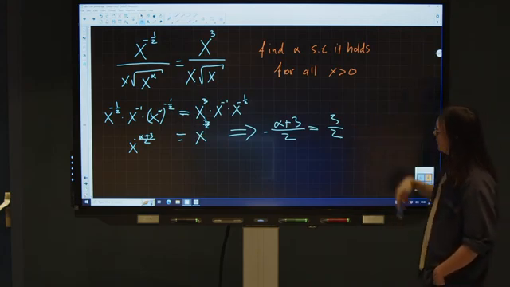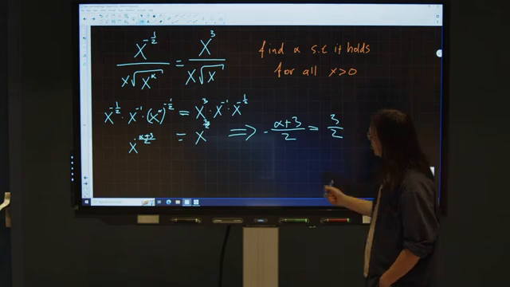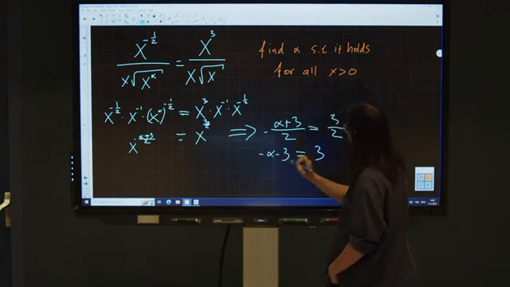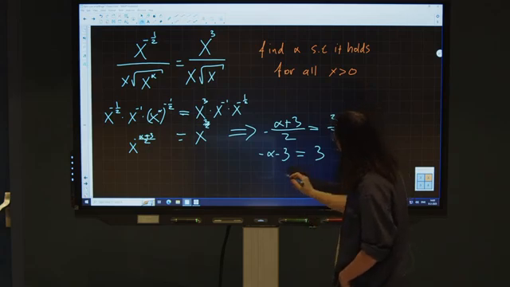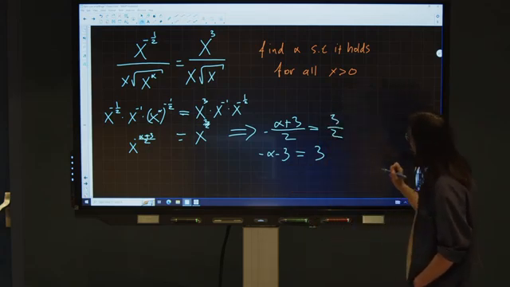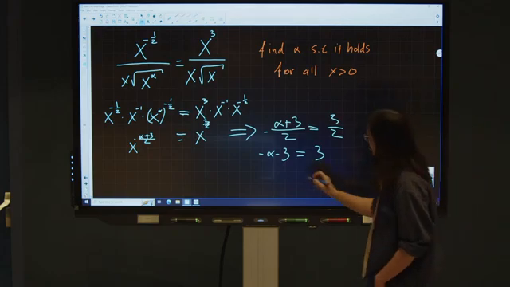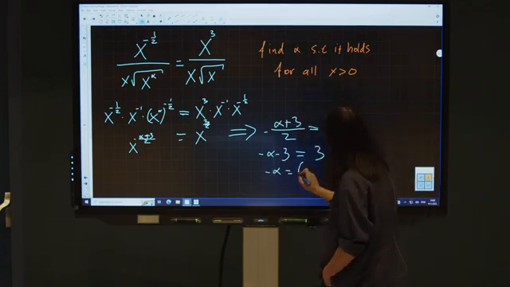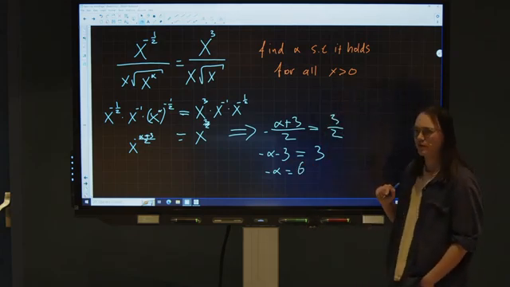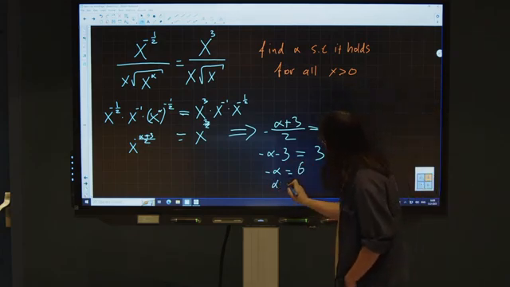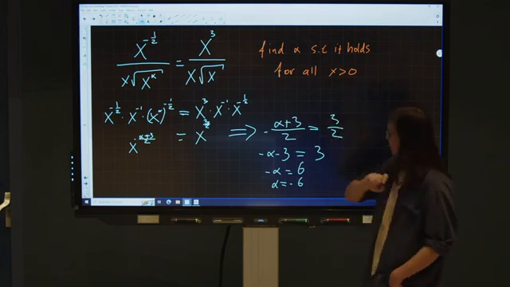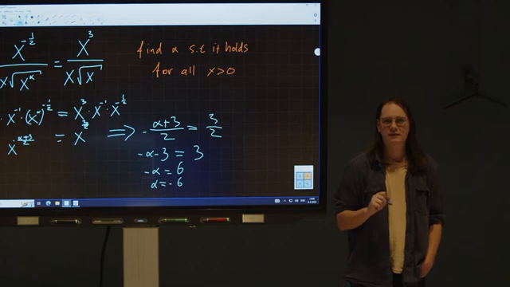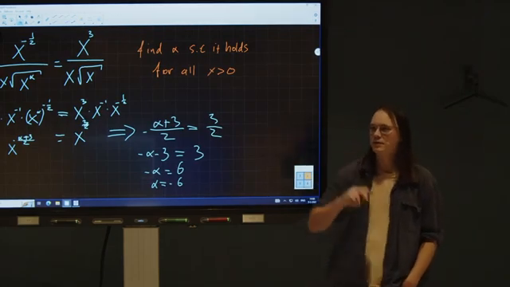So if we multiply both sides by 2, we get minus alpha minus 3 equals 3. Does that make sense? Yes. Then we get minus alpha equals 6 by adding 3 to both sides. And then we get alpha equals minus 6. All right. That's it.